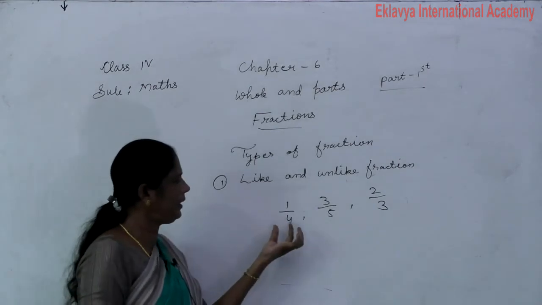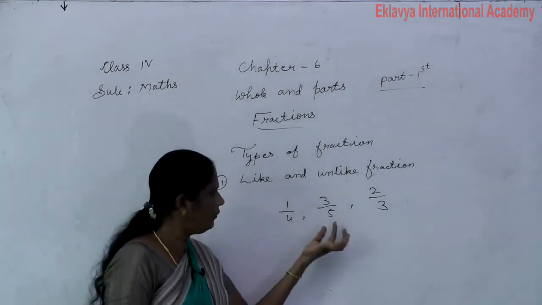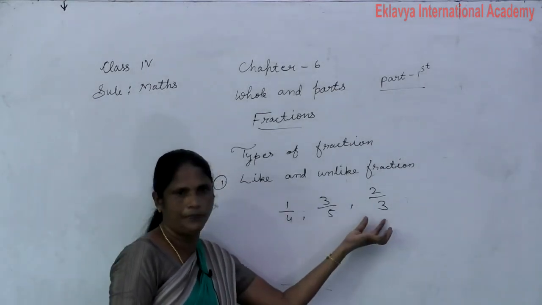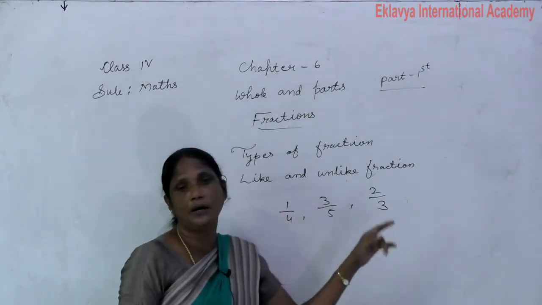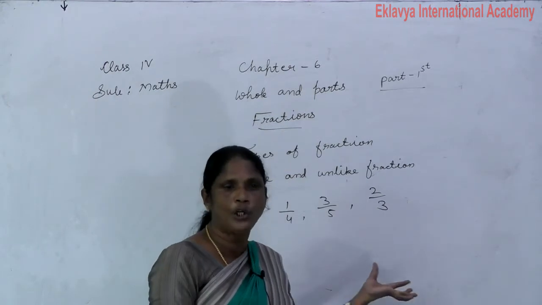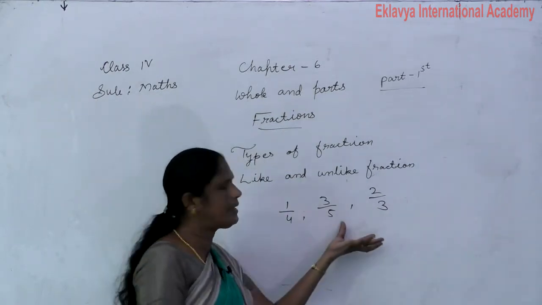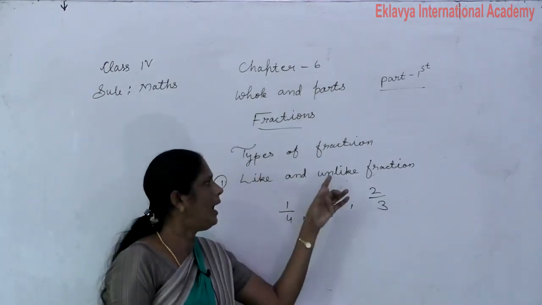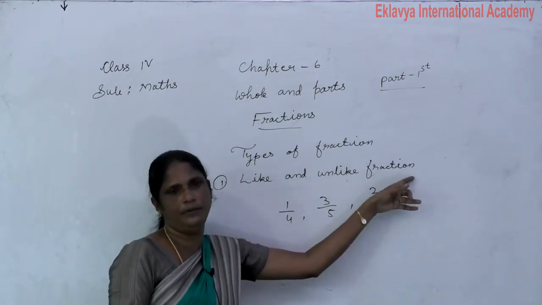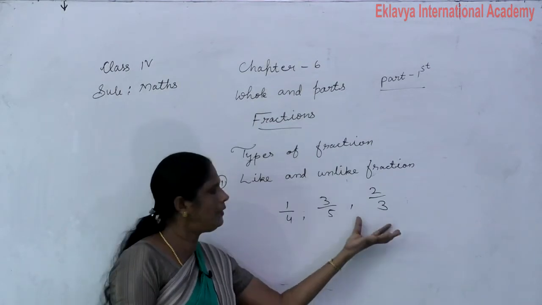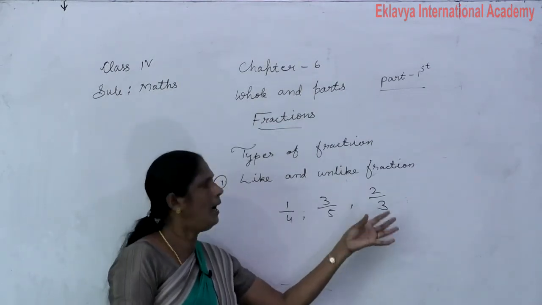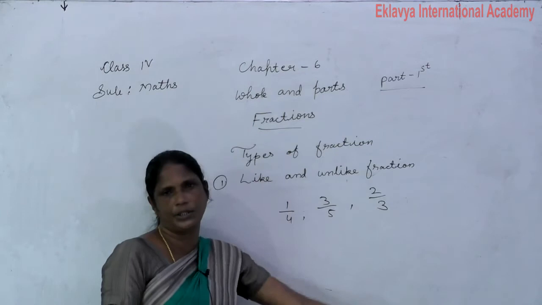Look here, here the denominator is 4, 5, here 3. When the denominators are different, not same, that fraction is called unlike fraction.